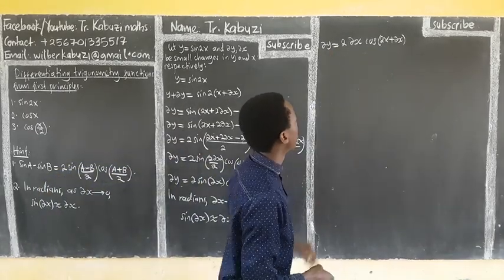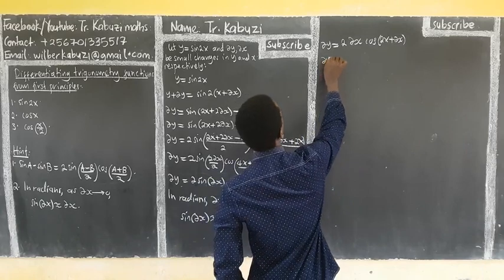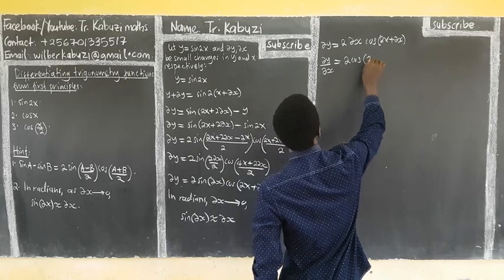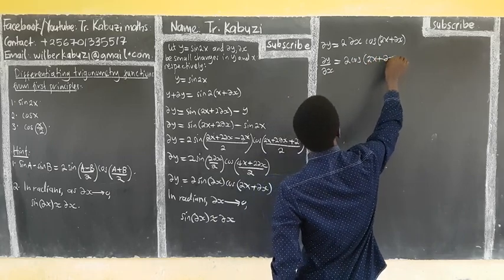So if I divide through by delta x, delta y over delta x will be 2 cos of 2x plus delta x.